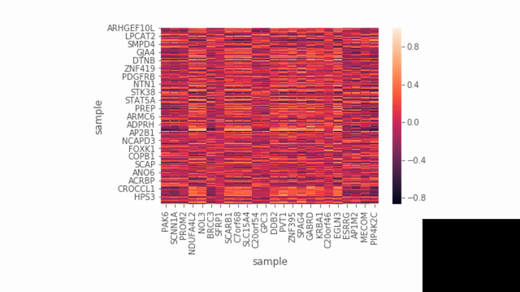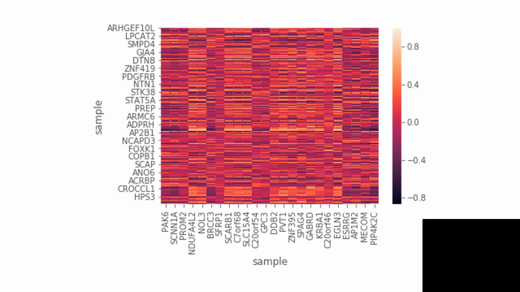Now, this is a heat map of our top differentially expressed genes correlated with our cancer data set. You see here this heat map is mostly dark, which if you look at the legend, indicates values below zero, correlation coefficients below zero.